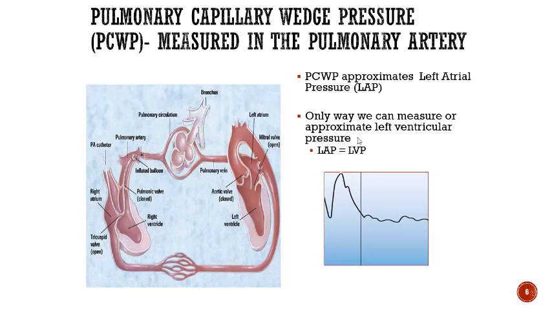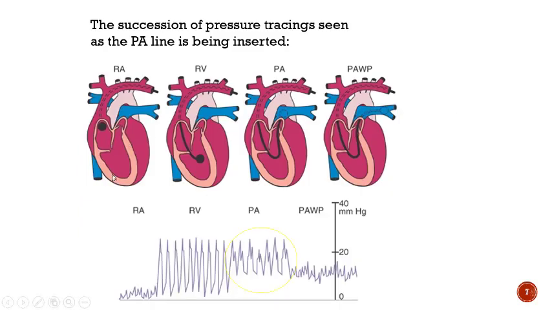So they would put this into the pulmonary artery to kind of estimate the left atrial pressure, which then estimates the left ventricular pressure, because they can't get into the left ventricle with a measuring device.